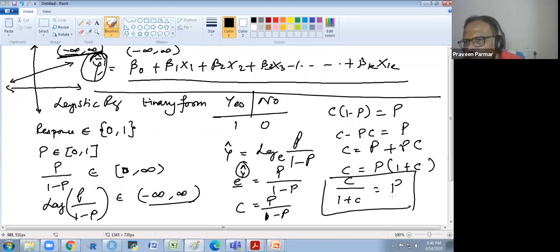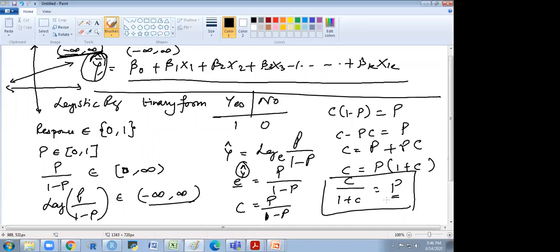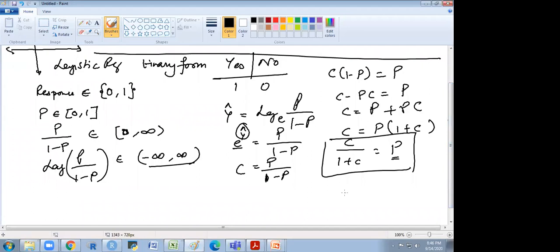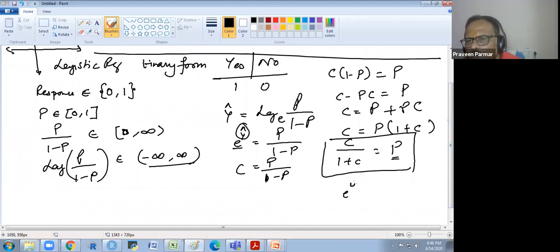Got it? In this way I could find the probability. Or I could write it this way also: e to the power y over 1 plus e to the power y is equal to p.